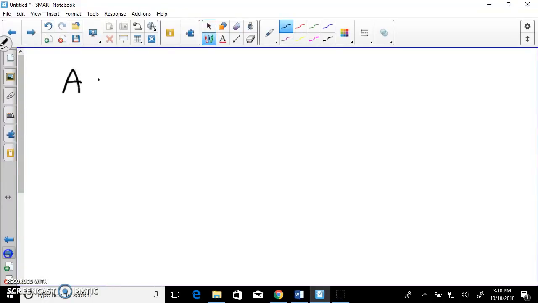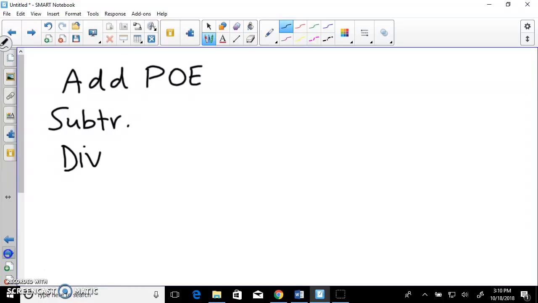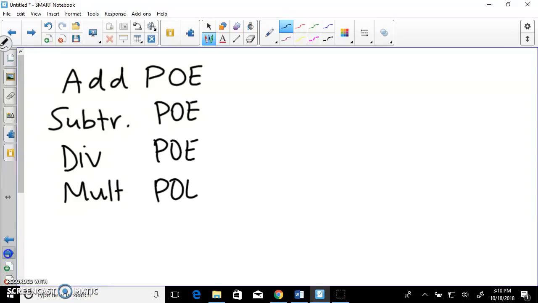So remember, we have the addition property of equality, we have subtraction, division, and multiplication. And these are all properties of equality. You might also see substitution.